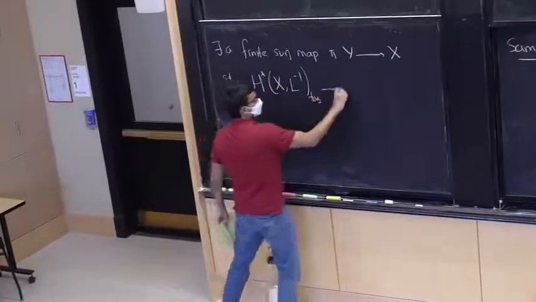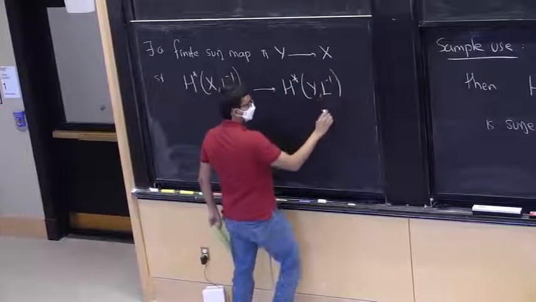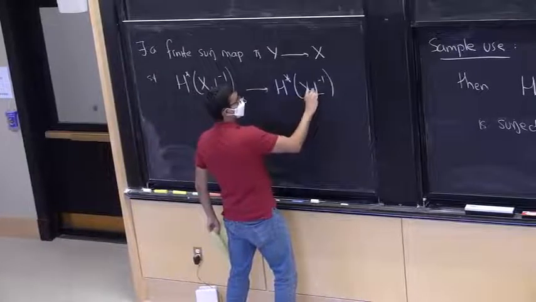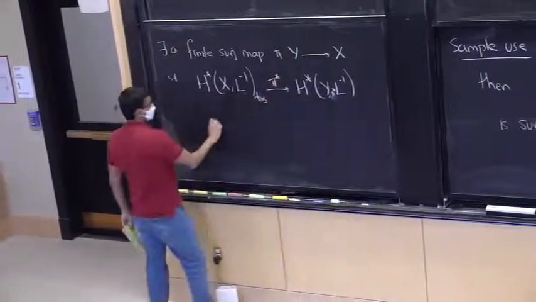So let me write it this way: pi star is the zero map.